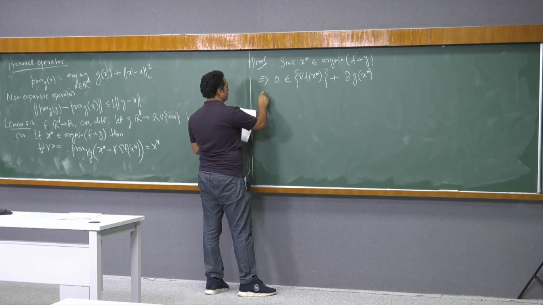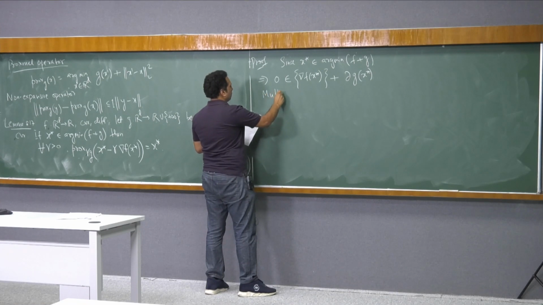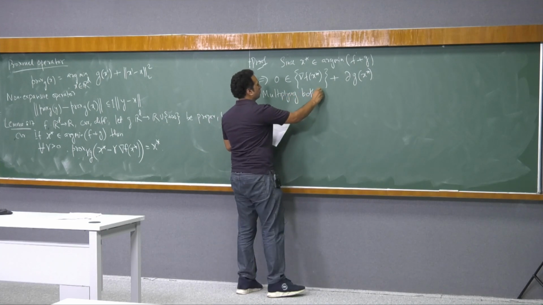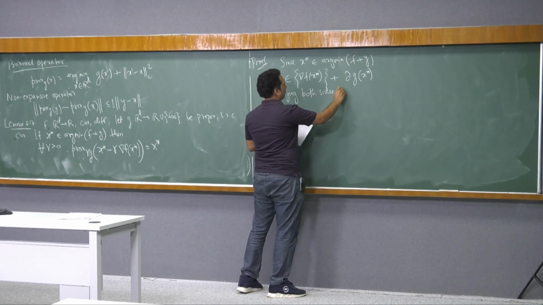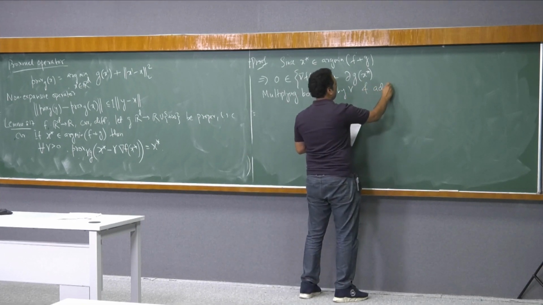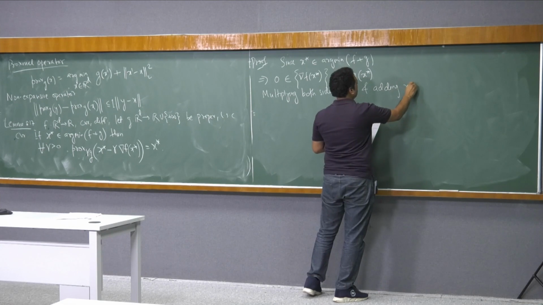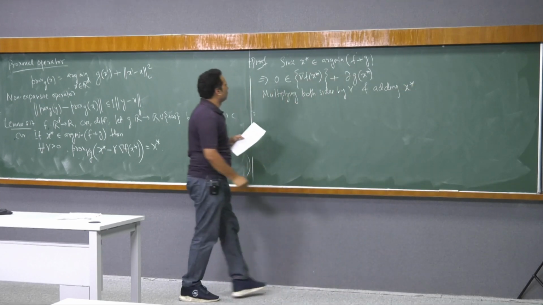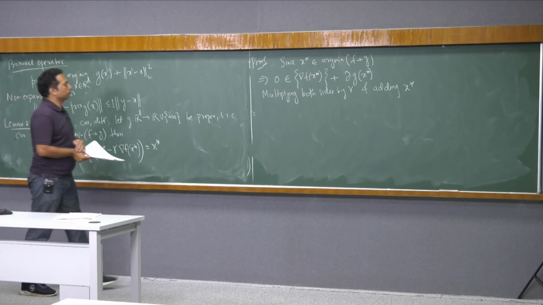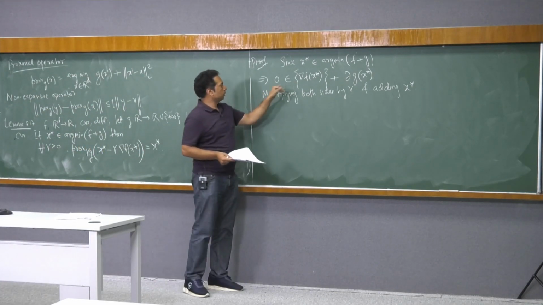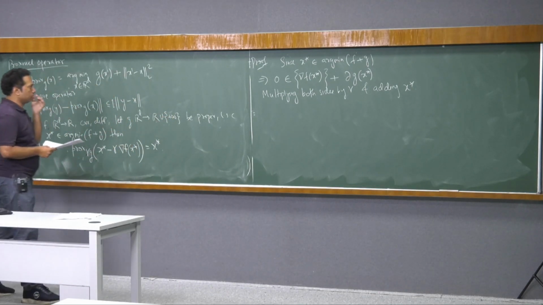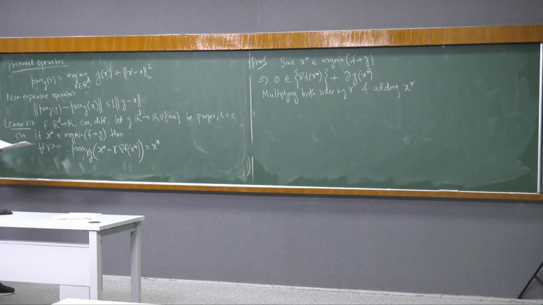So multiplying by gamma and adding x star. This is also a property that we know we are allowed to use. It is an inclusion, but we are still allowed to multiply, and the inclusion doesn't change.